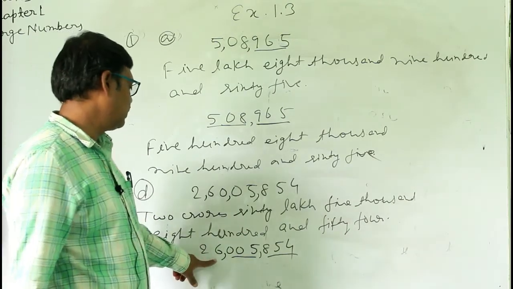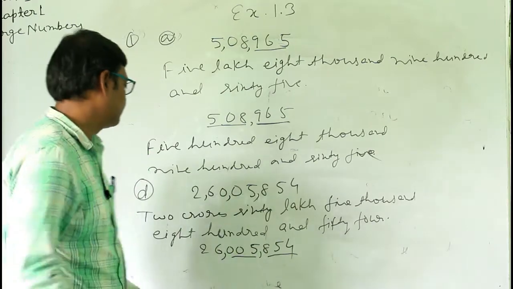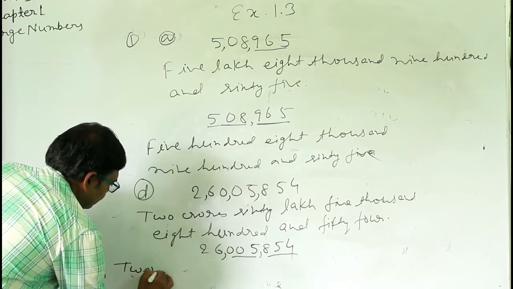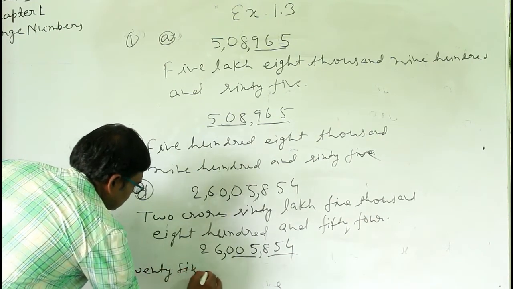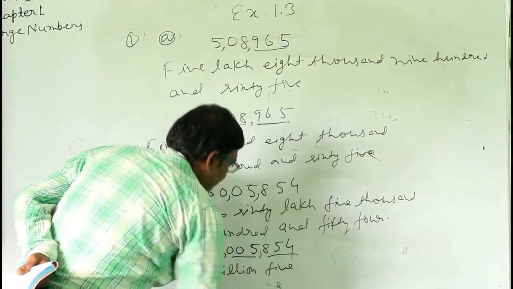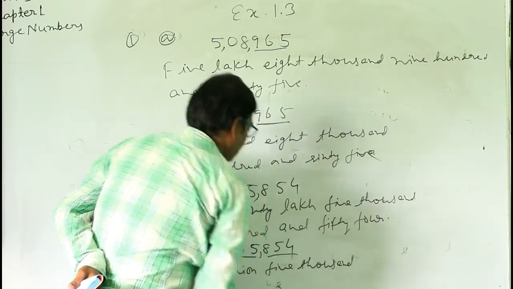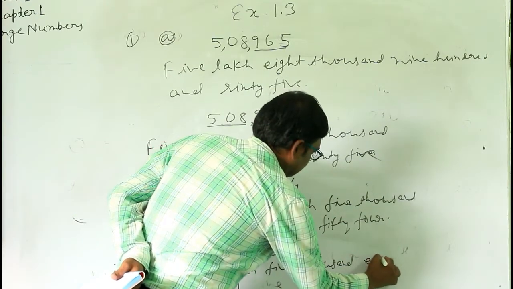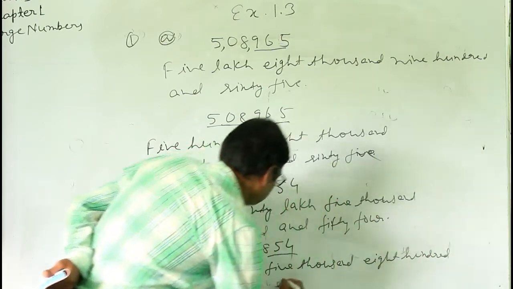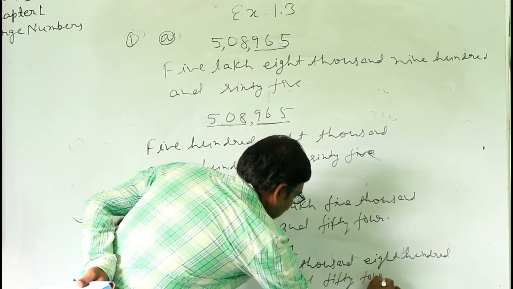Then what is the name of this number? It will be 26,005,854. Okay, 26 million 5,000 854.